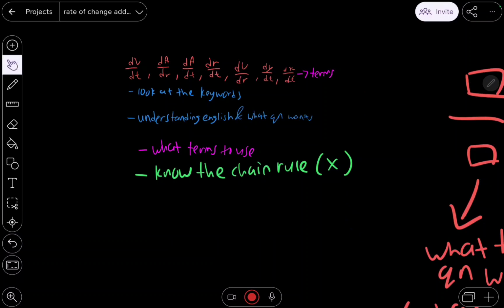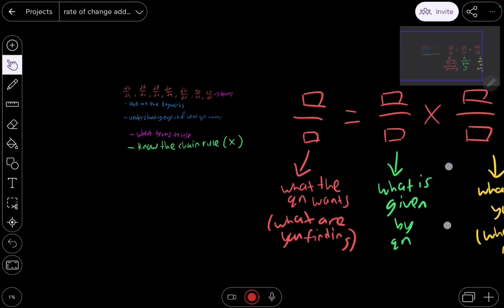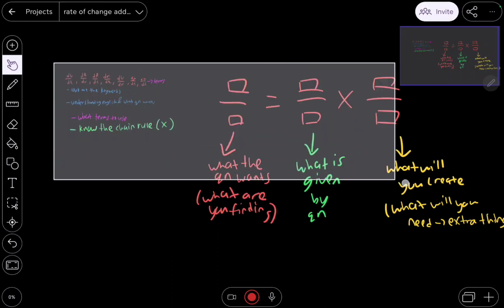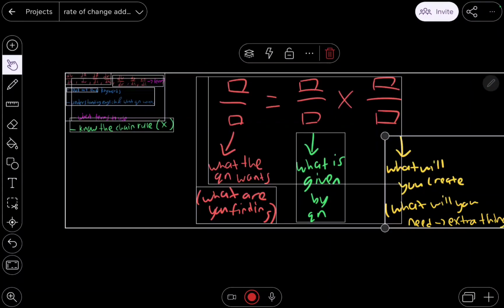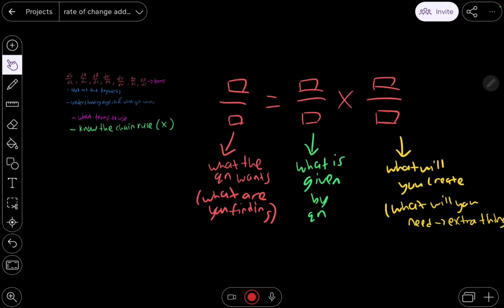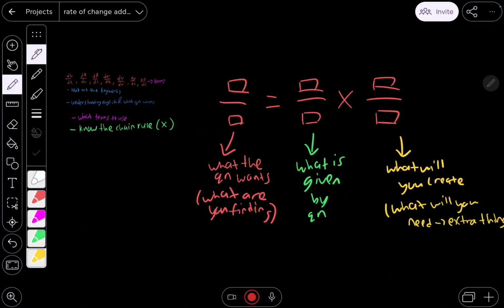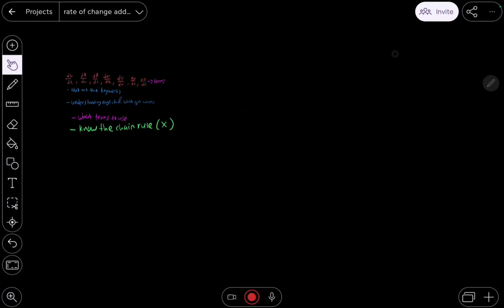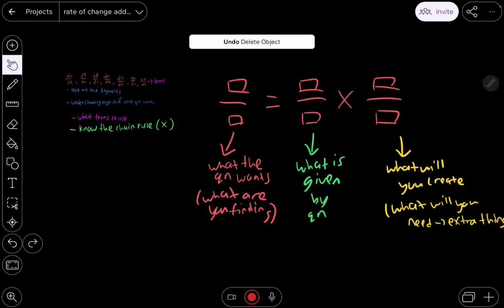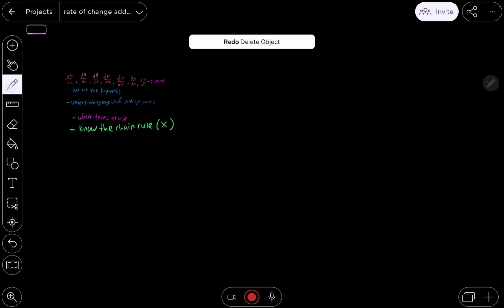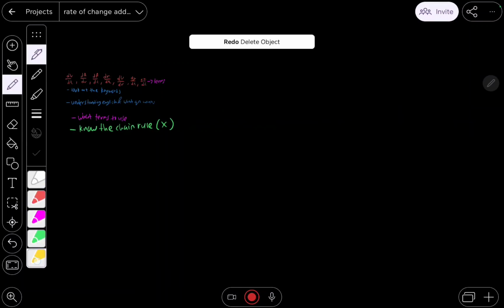Alright, so now we will go into exemplar questions. But actually there's another way of doing the chain rule. Yeah, that was what I was about to say. So there's another way which I will do it here. If you want to take a quick photo, you can take it first. Alright, so I'll be doing this in yellow.